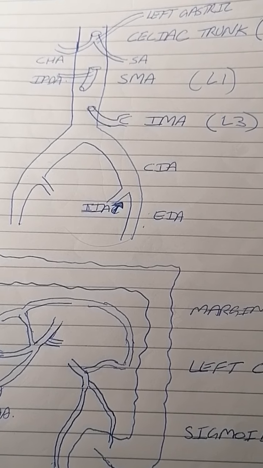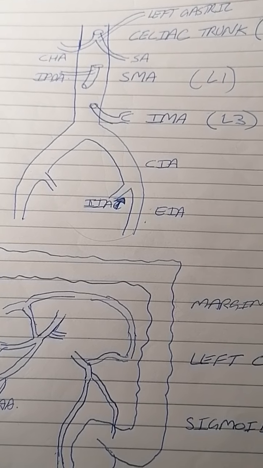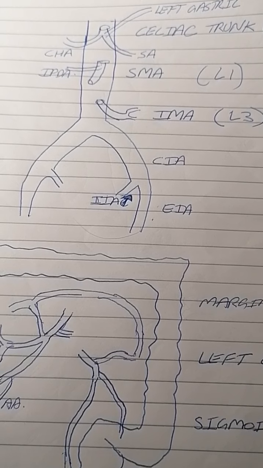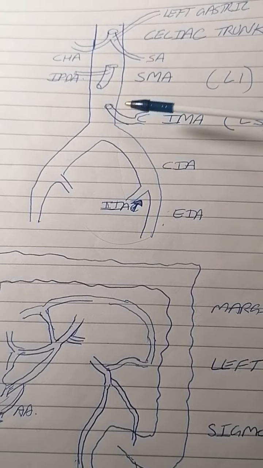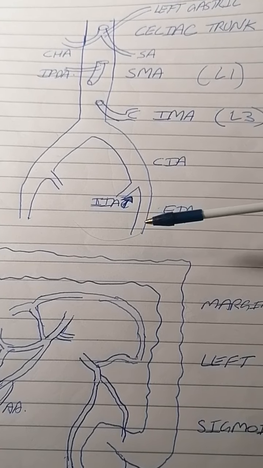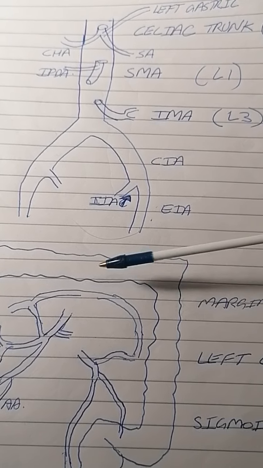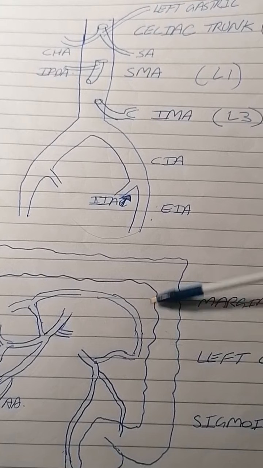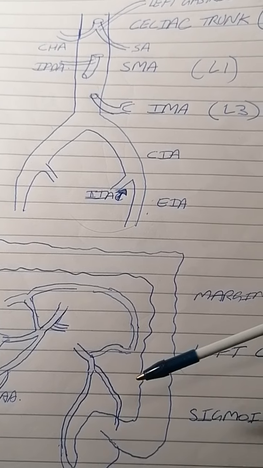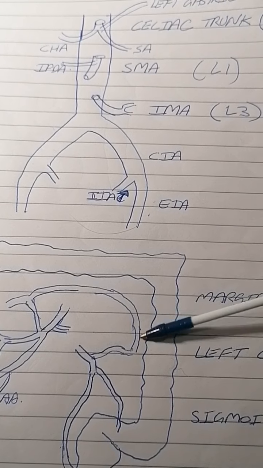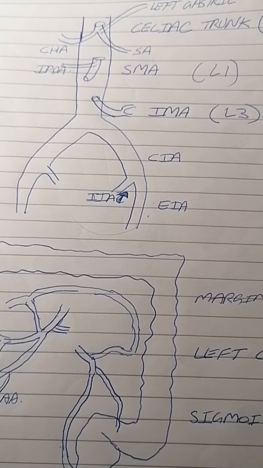The patient might have cramps too, and might have bloody diarrhea also. Bloody diarrhea because, due to emboli or the thrombus, circulation is not going towards the periphery, and there would be necrosis taking place.